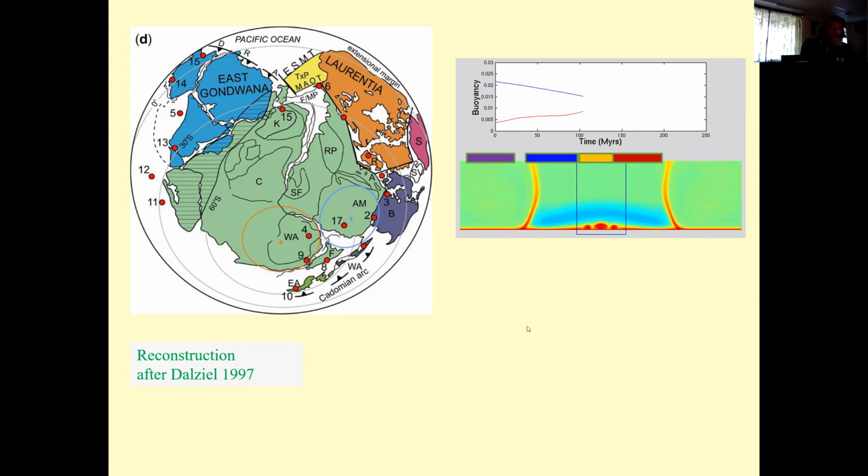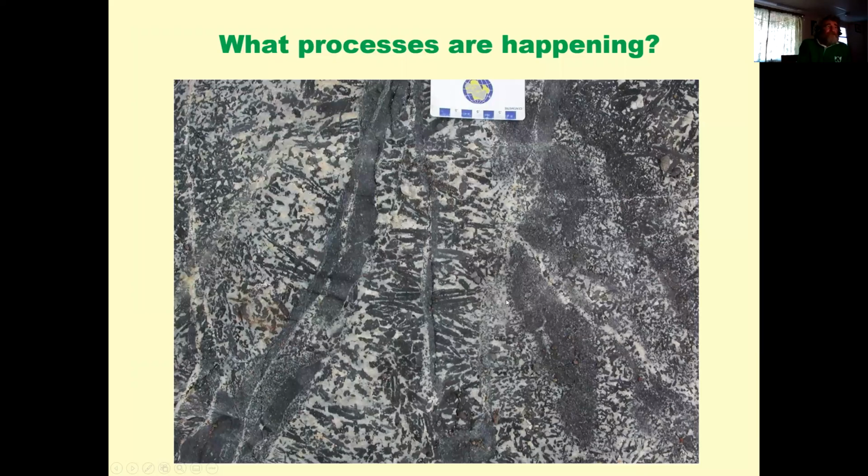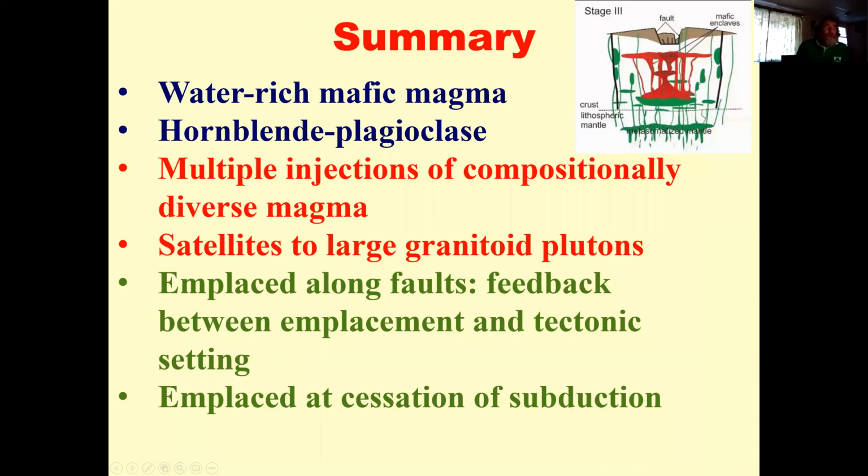To wrap up, we started here with just, gosh, what can I say, curiosity and a hunch. So here are some of the first things we can say: Appinites are obviously water-rich magmas dominated by hornblende and plagioclase.